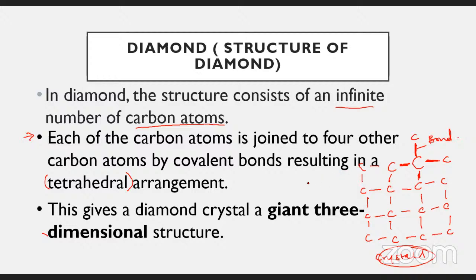But apparently, diamond forms a crystal, or what we call a 3D crystal, or a giant 3D structure. When you talk of a giant, from English, this is something very big. It keeps on expanding until it becomes so big.